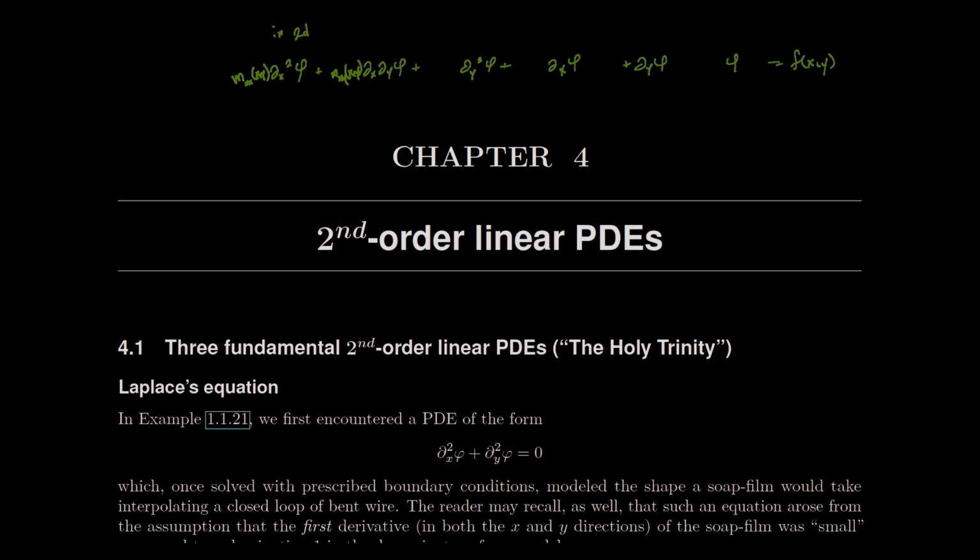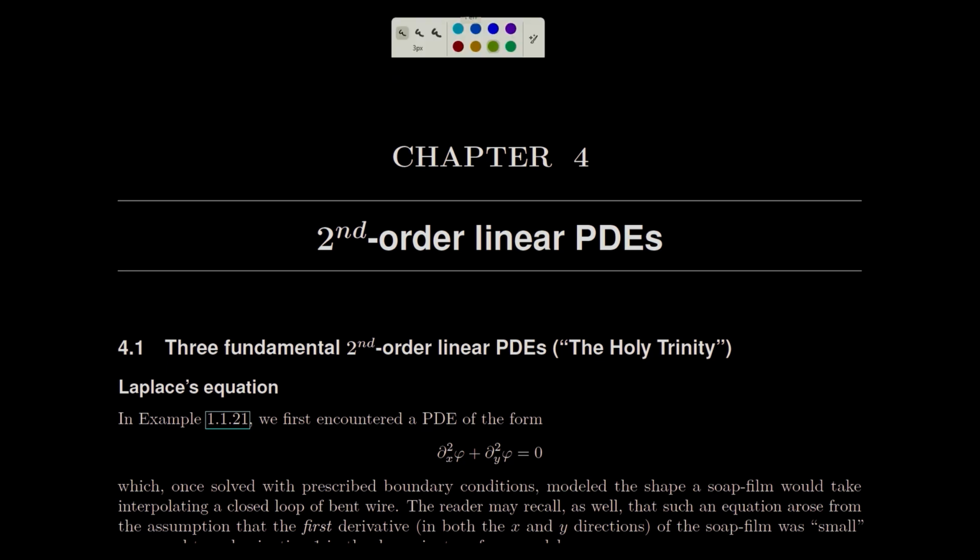The subscript I'm just saying agrees with how many derivatives I've taken of phi, m yx, maybe m x of x and y, m y of x and y, and then maybe just m of x and y. So a whole bunch of multiplicative terms on a whole bunch of phis, right? So even in 2 dimensions, we already have up to, how many terms is that? Seven total terms in the second order linear PDEs. But that's going to be the generic case of second order linear PDEs in 2 dimensions. And then of course, if we increase the dimension farther, then it gets even more and more complicated.